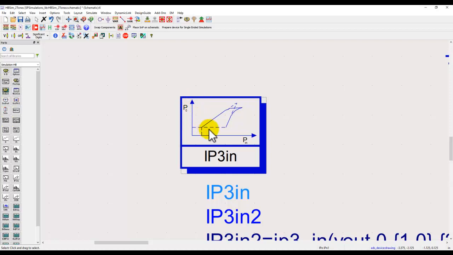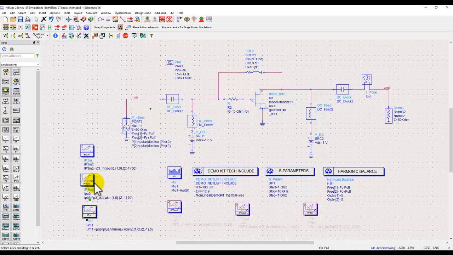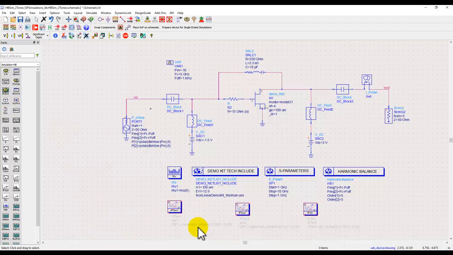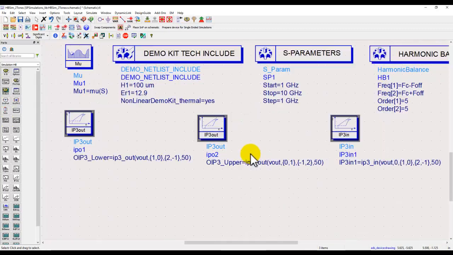IP2, because it's a second harmonic, rises at a lower slope compared to the third harmonic, so when you compare IP2, you will see a higher number because it will intersect farther away. The third order product, which has a higher slope, will intersect much quicker. We will see all that, but this is how the syntax is, and that's how I have set up three measurement variables here.